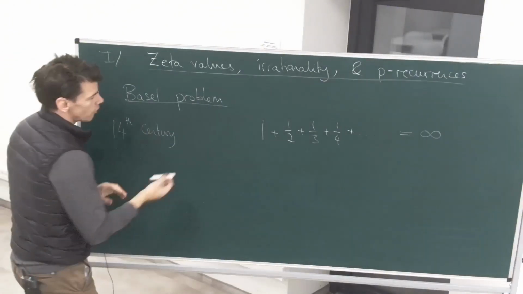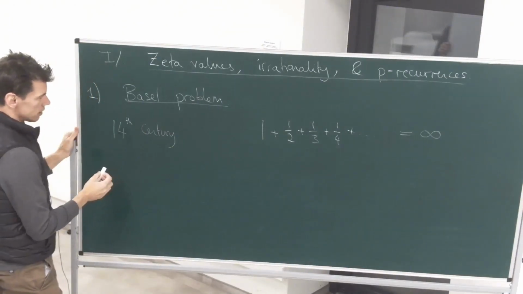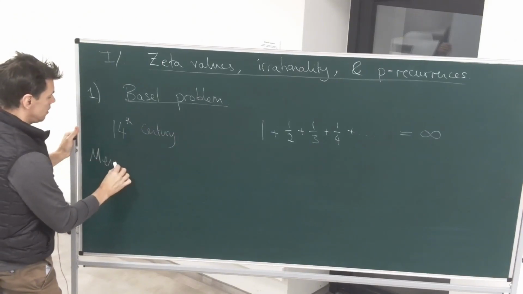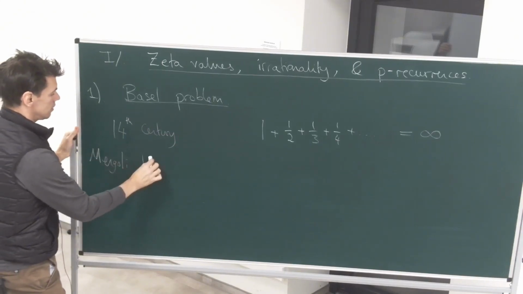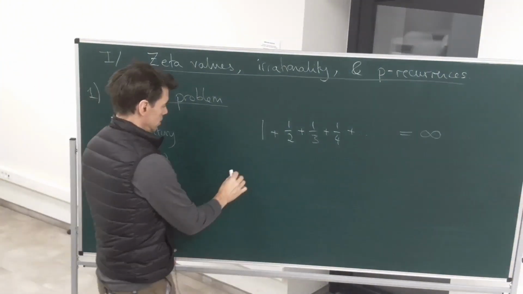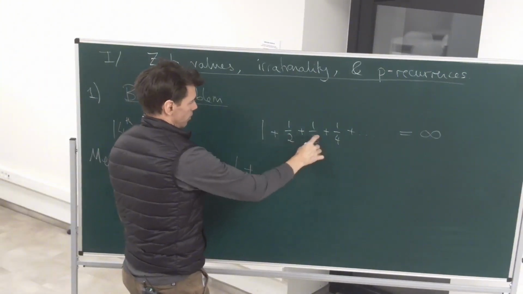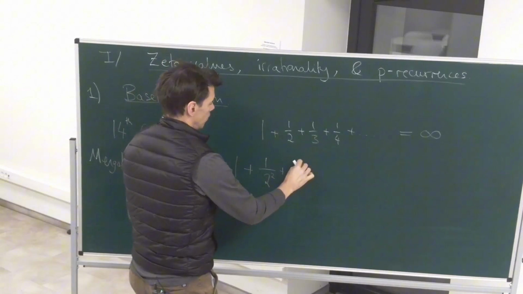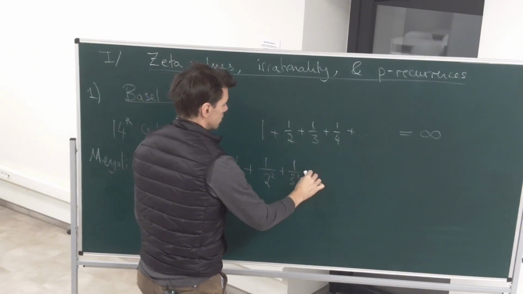From this, it's natural to ask variations of this question, and indeed Mengoli in 1644 asked the question, what happens if we take the sum of the squares of integers?